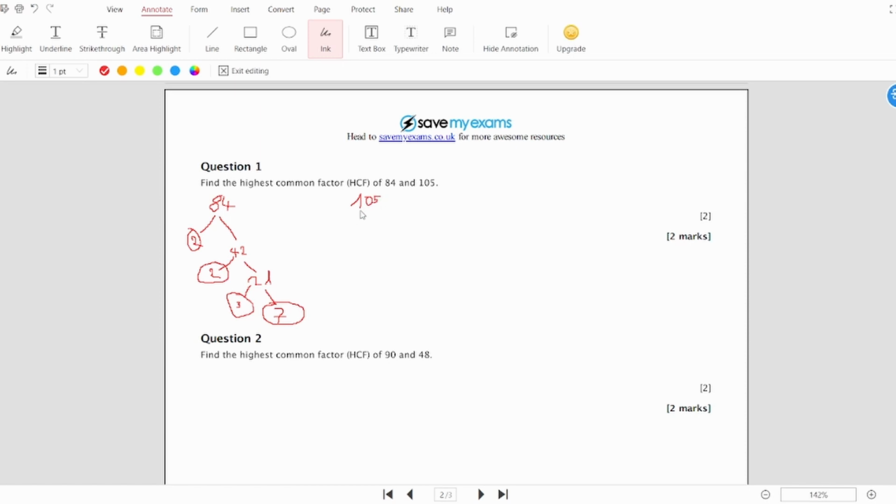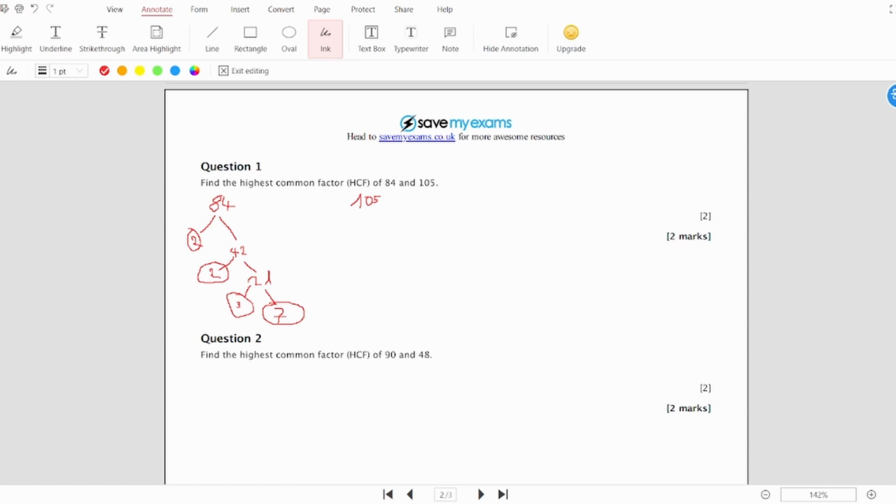You got 105 there. Now, as you can see, you cannot divide this by 2 because that will give you 52.5. That's a decimal. So you can check if it's divisible by 3.